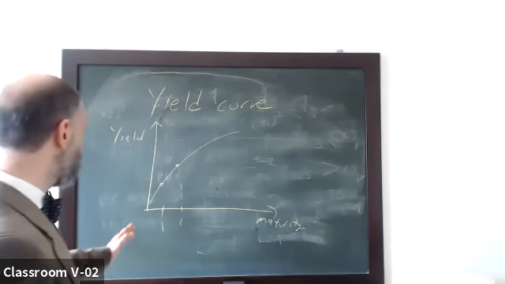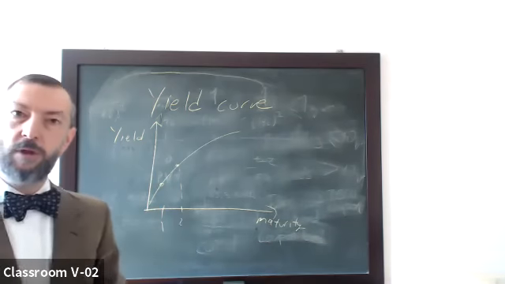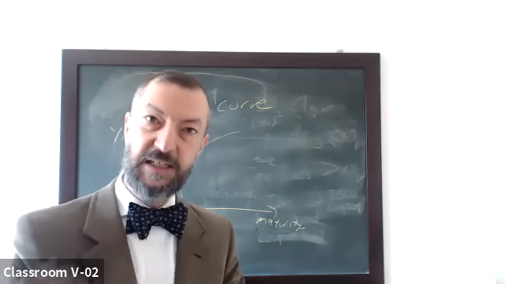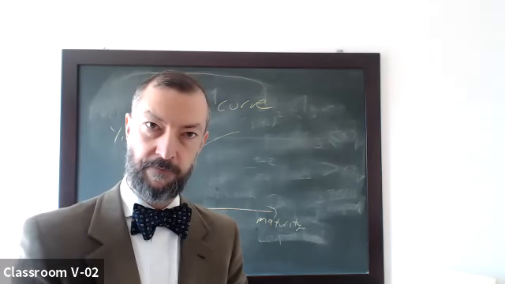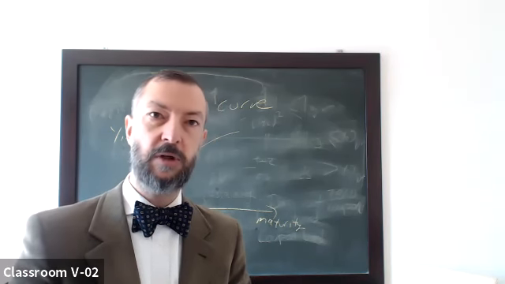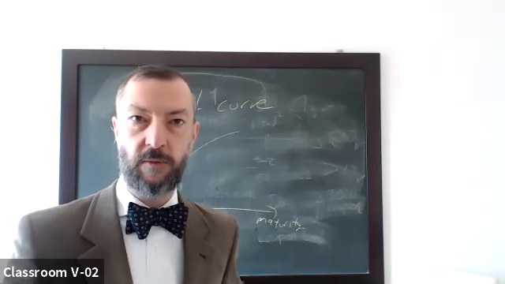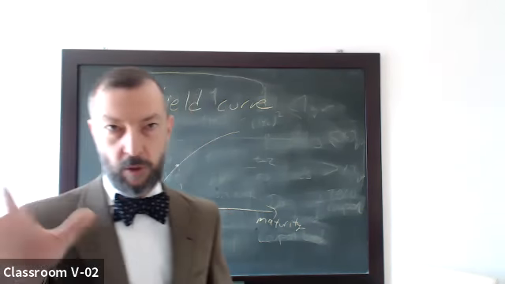And this upward slope is telling me that if I want to lock in the second year's interest now, the 1 year interest rate that we're going to agree on today to begin 1 year from now, this is a lot of 1s going on.